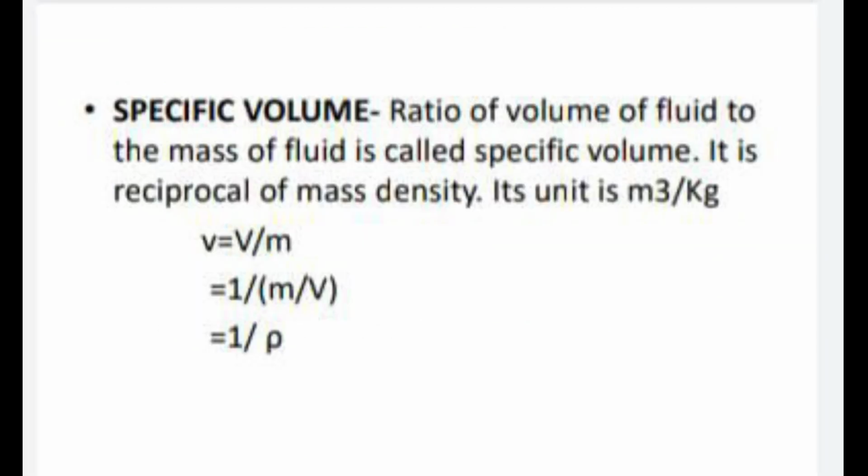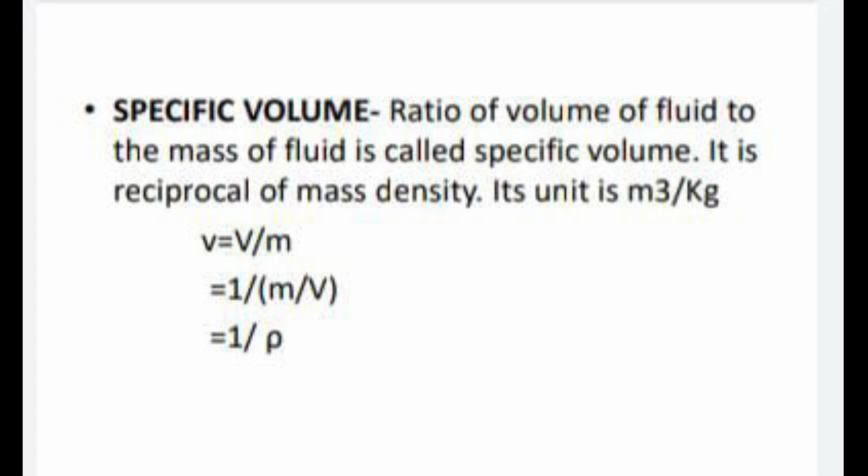Then a very important property is specific volume. Specific volume of a fluid may be defined as the ratio of volume of fluid to the mass of fluid. So we can say it is the reciprocal of mass density. Its unit is meter cube per kg.